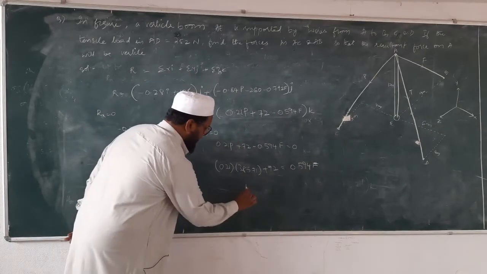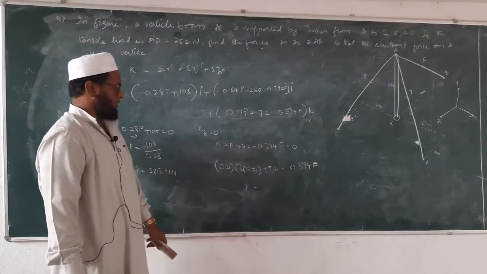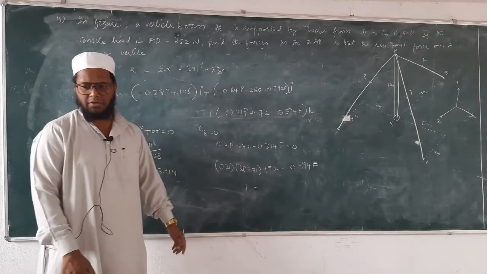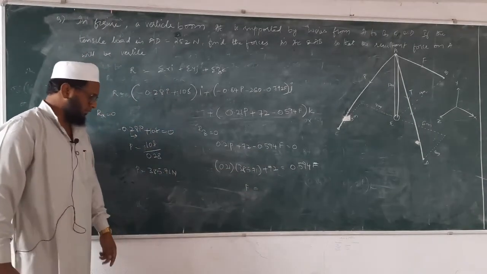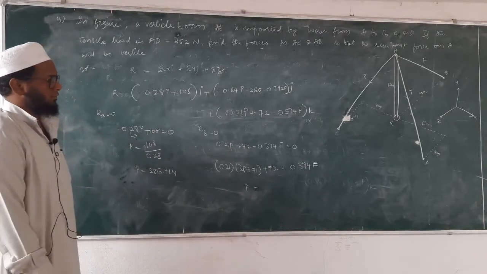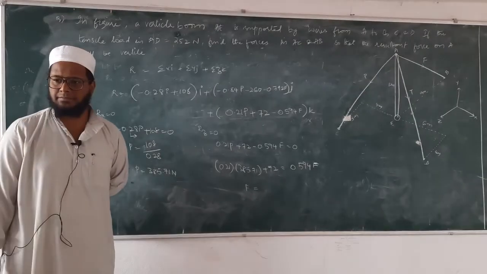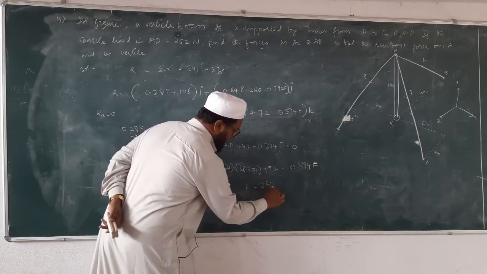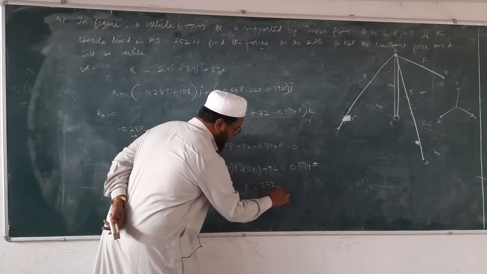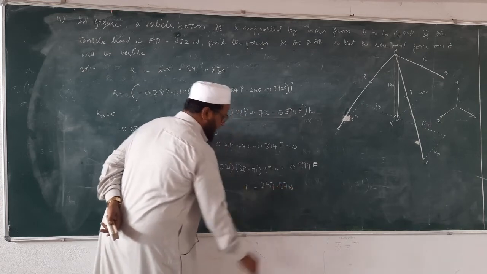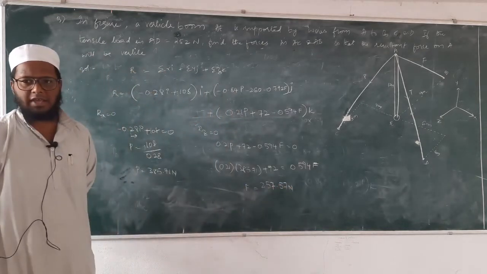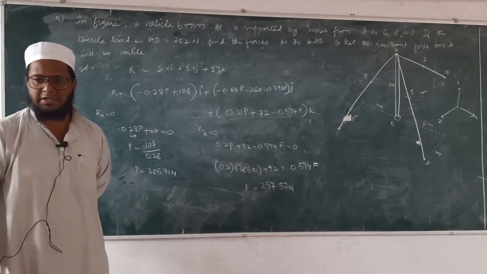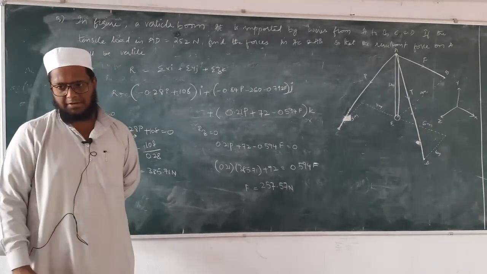We can get the value of F. Multiply these two values, add, then divide by 0.594. F is 257.57 newtons. Okay, this is how we calculate unknown forces when resultant is going in vertical direction.